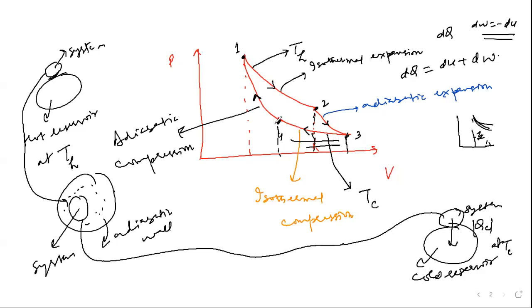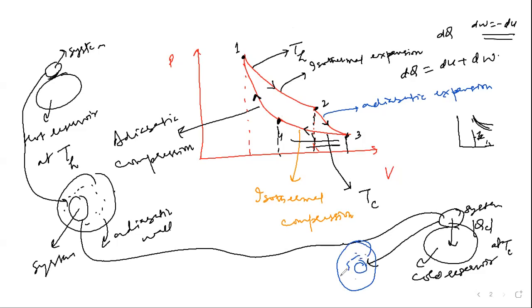Now at 4, what do we do? We take our system, right? Again, this is my system, and remove this cold reservoir.